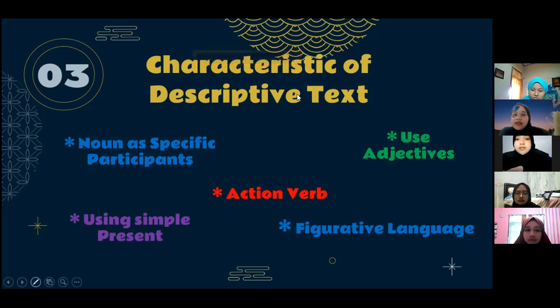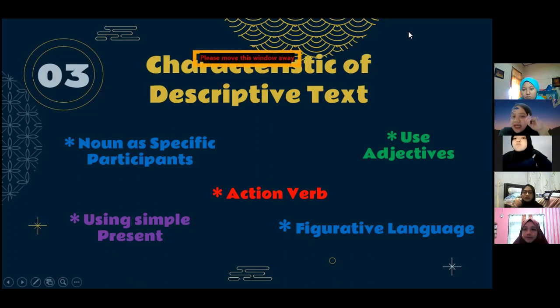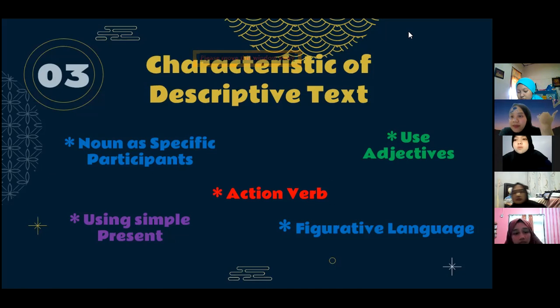Yes. So the second, in the descriptive text, they always use adjectives, right? Like size, then color, like good, small, tall. The next is about the action verb, like sleep, run, eat.